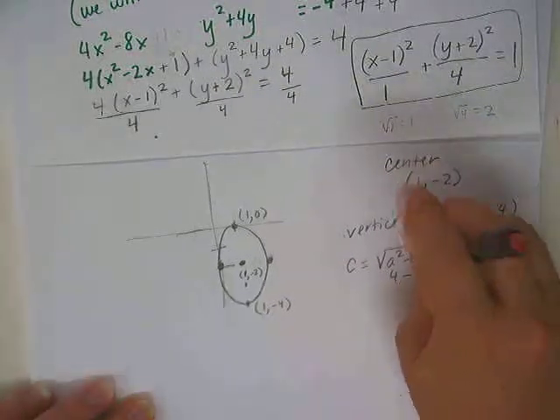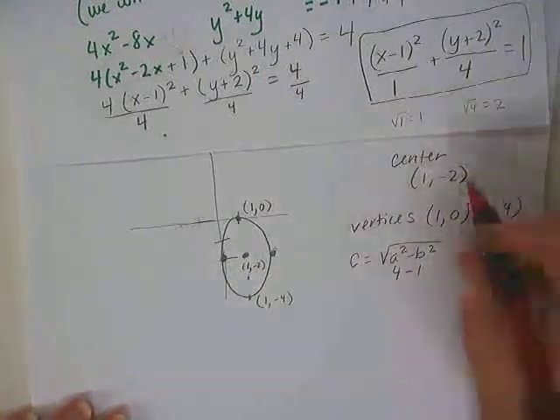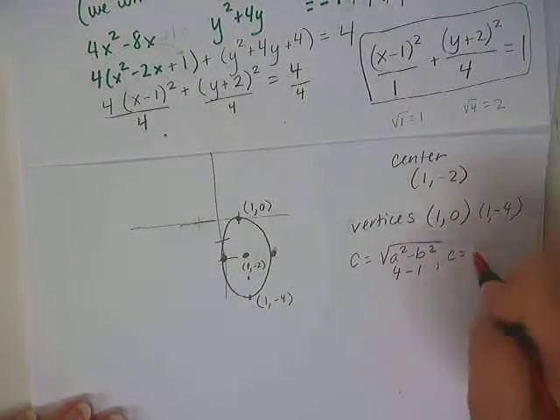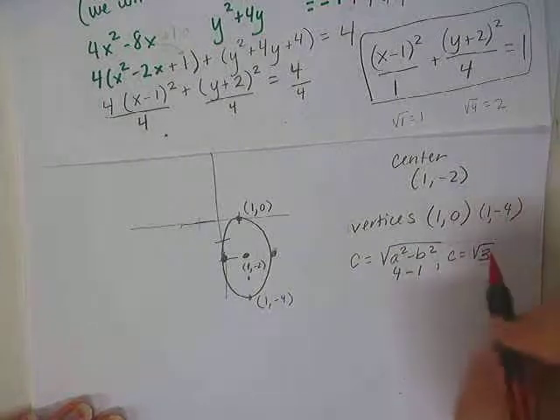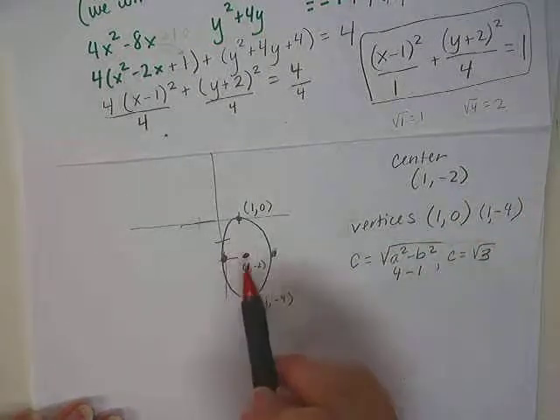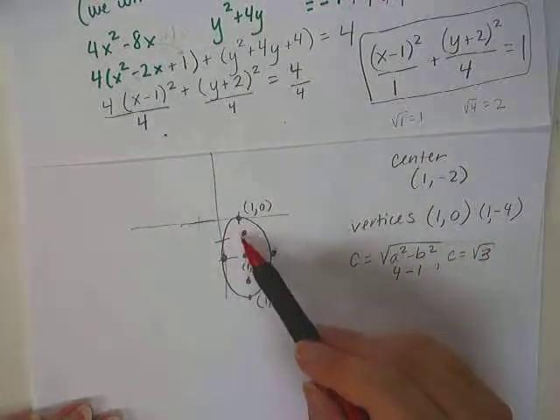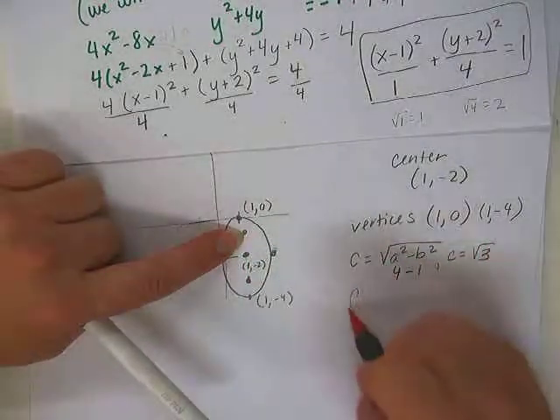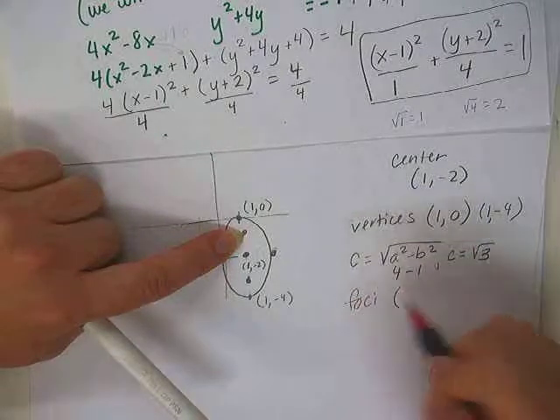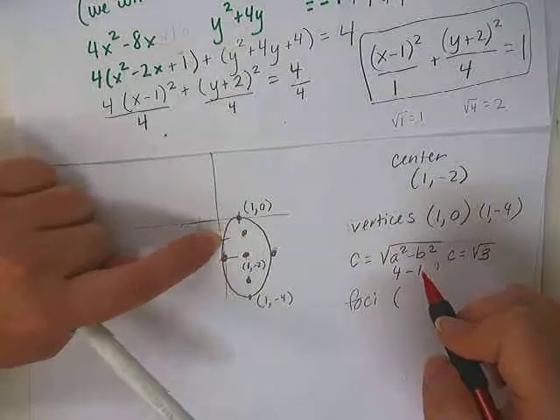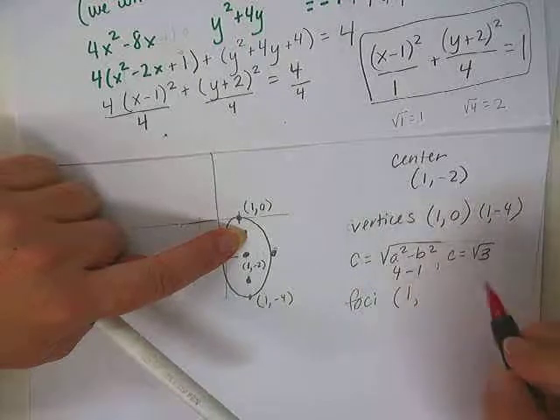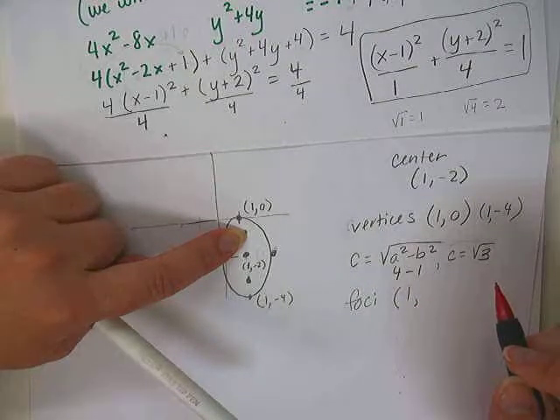Okay, now we need to find the foci. So we do a squared minus b squared, so 4 minus 1. So what's c going to be? So c is the square root of 3. So we have to add and subtract that from the center point. They're going to be like this way and this way. Okay, so where will this focus be located?